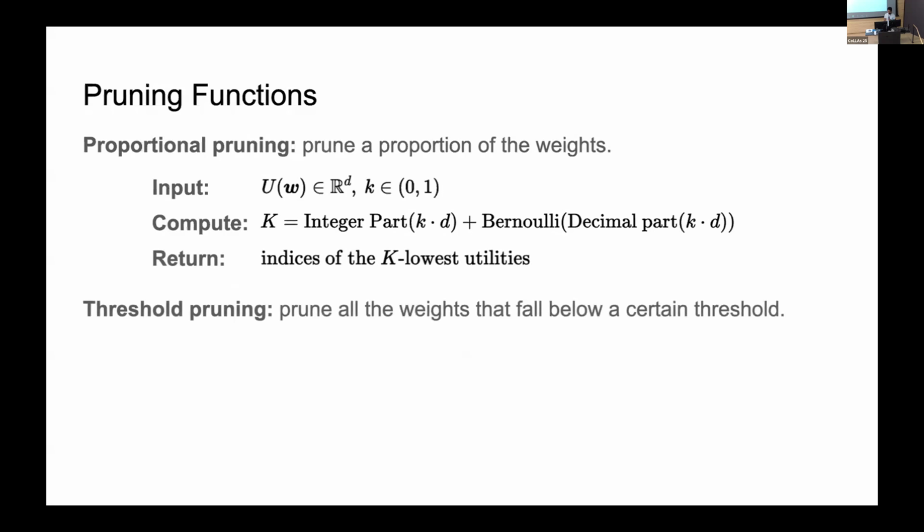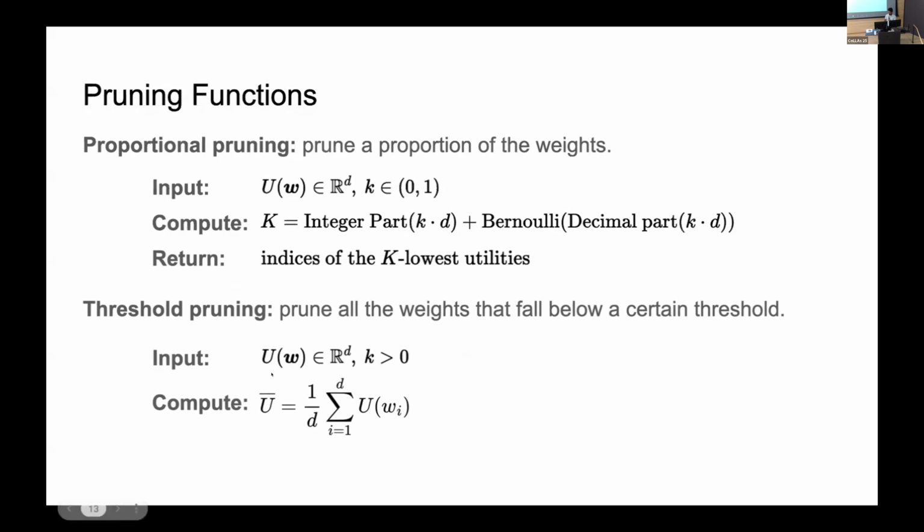Then you can also have threshold-based pruning, where you prune all the weights whose utility falls below a certain threshold. You can compute the average utility, and then select indices whose utility is less than K times the average utility. So K can be like 0.1. If your utility is less than 0.1 of the average, then you reset those.